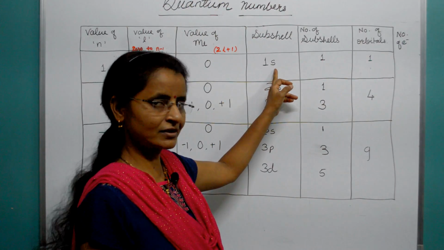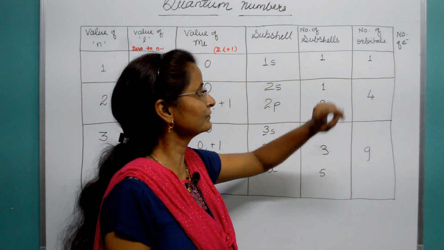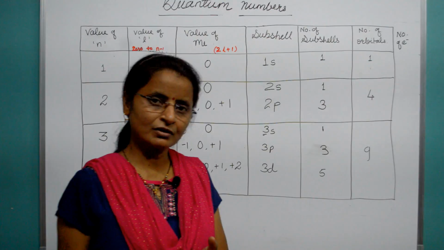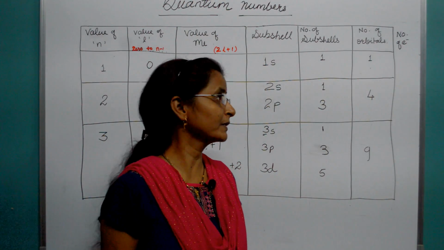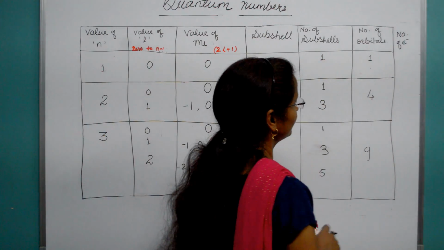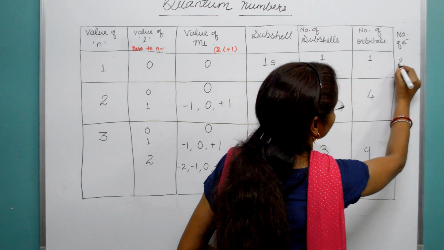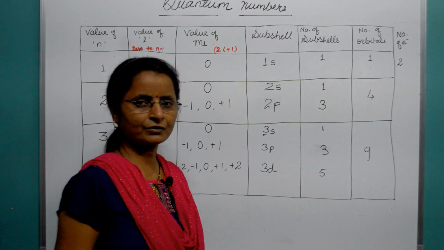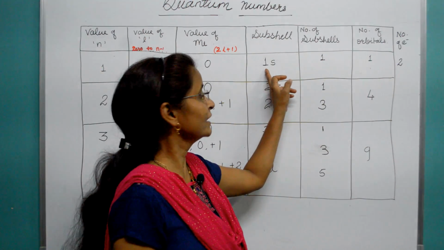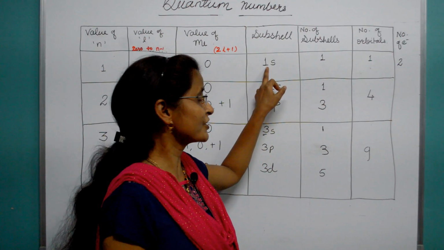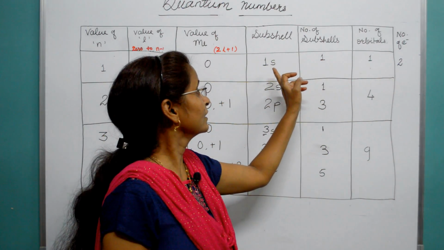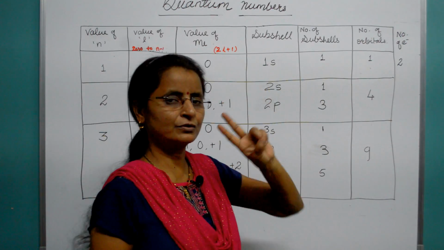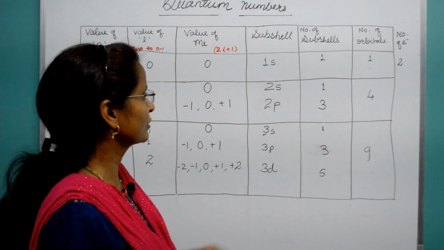S subshell, one orbital, and in each orbital a pair of electrons gets occupied, meaning 2 electrons. So the total number of electrons occupied is how much? 2. Only 2 electrons get occupied in 1s. Here 1 means the principal quantum number, the first energy level. So in the first energy level, in the S subshell only 2 electrons get occupied, and only one orbital is present.